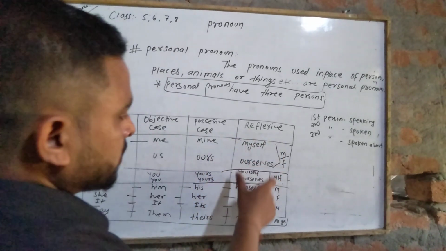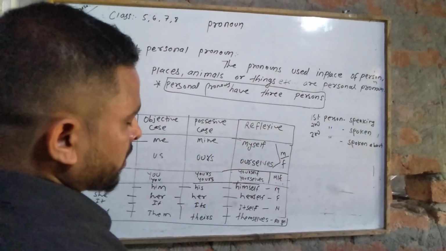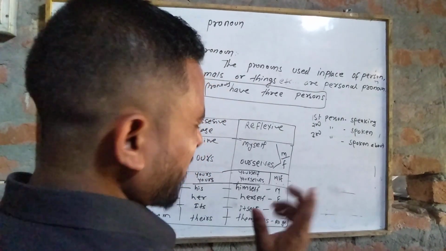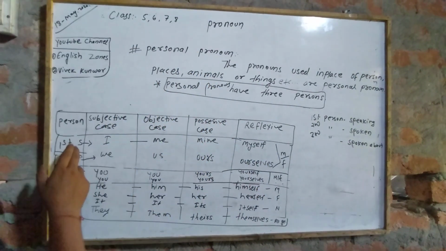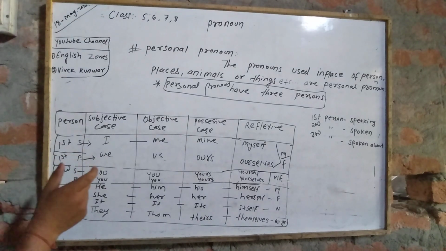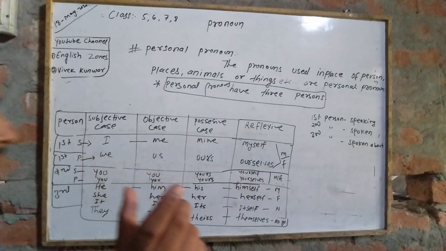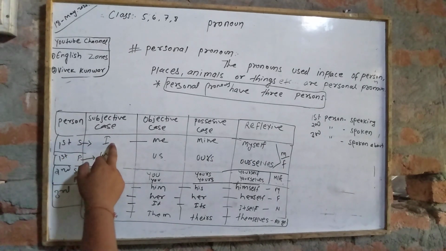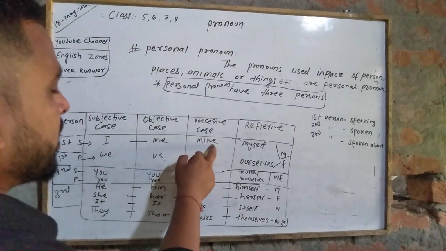We can discuss the reflexive case in reflexive pronoun. It is very easy. You can understand by this table. S means singular, P means plural. I is singular: I, me, mine, myself.